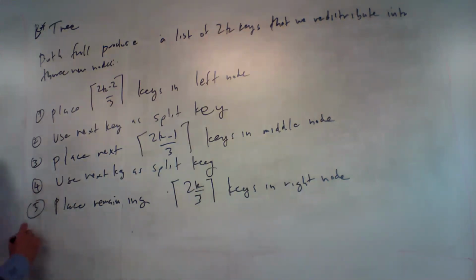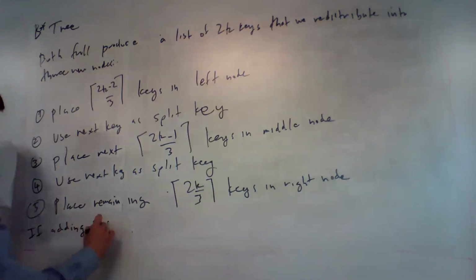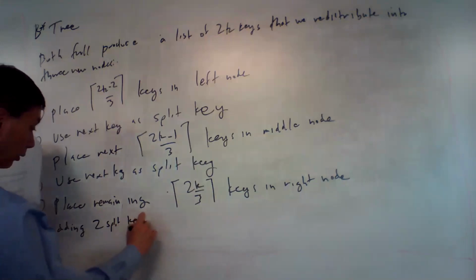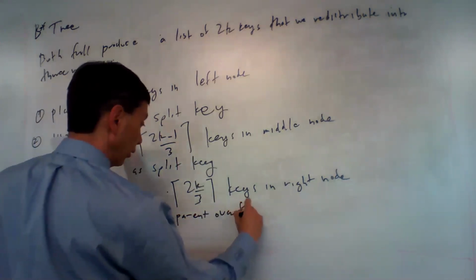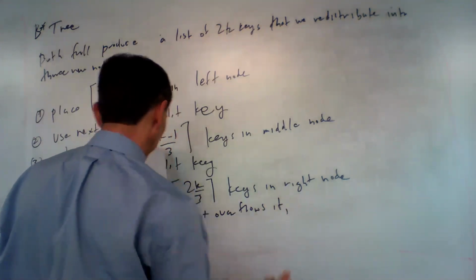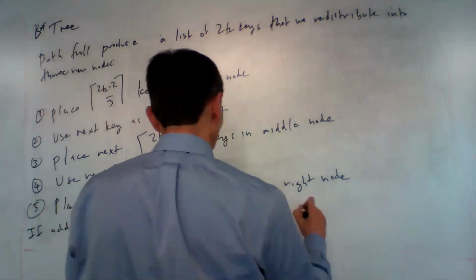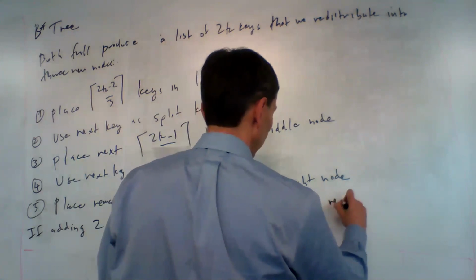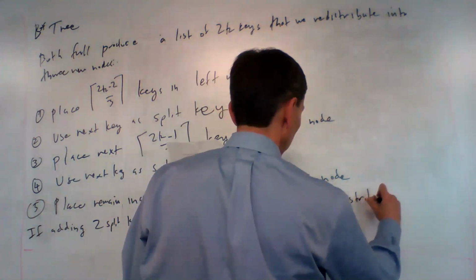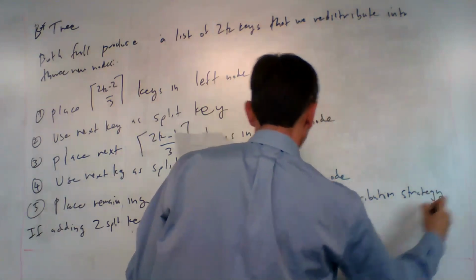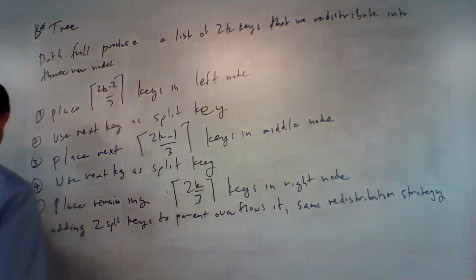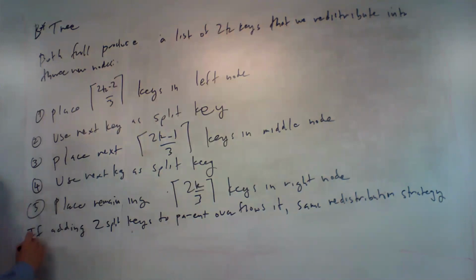And obviously, if adding 2 split keys to the parent overflows it, which is possible if it was already full, you do the same redistribution strategy to rebalance the tree.